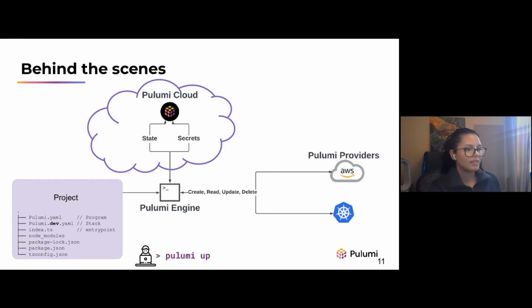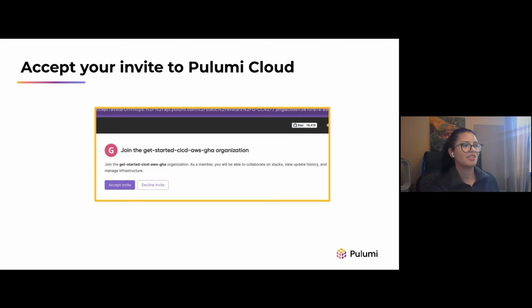So what this means is that if you haven't already, you should have gotten an email with an invitation to a Pulumi Cloud account. In this particular Pulumi Cloud account, you will find a final running version of today's workshop.